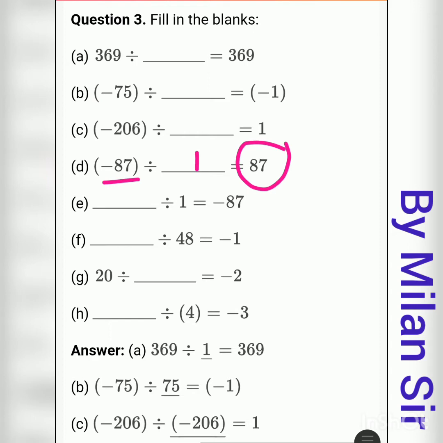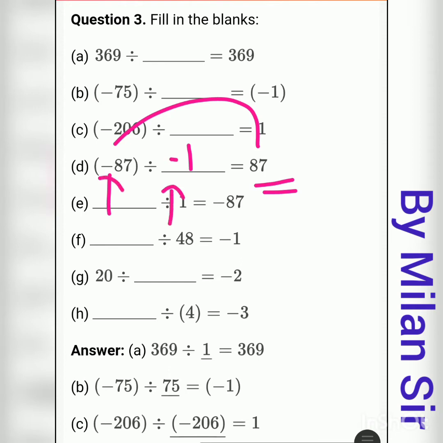If we want the same answer, then we need to divide by 1. So here we want the same answer, so here we need to divide by 1, and our answer is positive. Here we have a negative sign, so here we need to put a negative sign. So minus minus becomes plus. Okay, so 87 divided by 1 is 87, and minus minus plus.